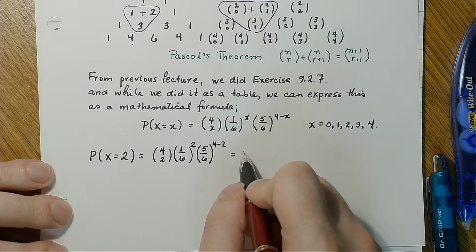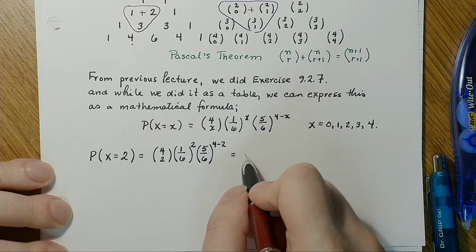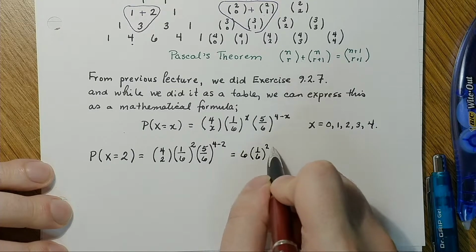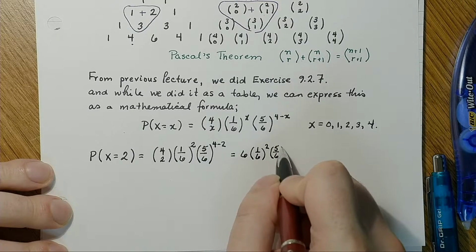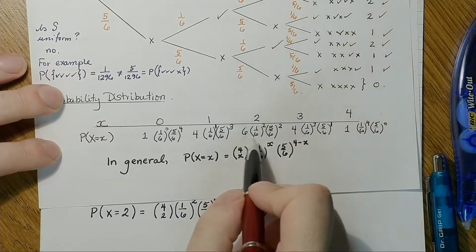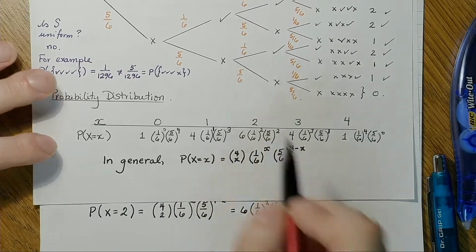So 4 choose 2 is 6, (1/6) squared, (5/6) squared. And again, it matches what we had for number 2.